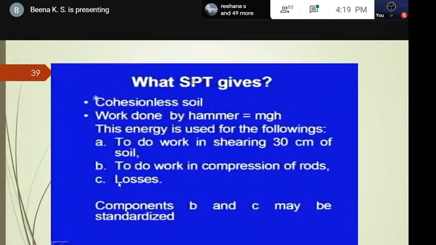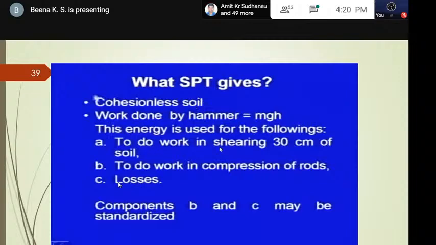The result of the test is correlated with the phi value of a cohesionless soil. Hence, we can use it as a strength parameter in the designs. What this gives is an account of the work done by the hammer.